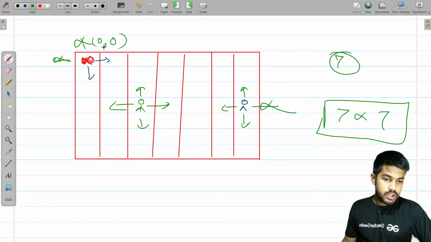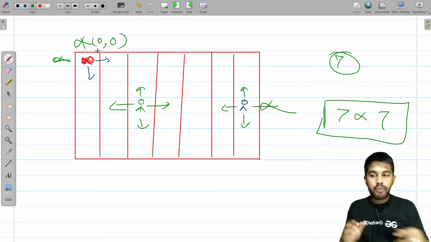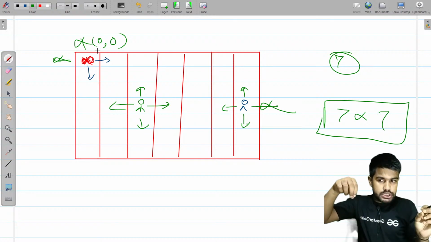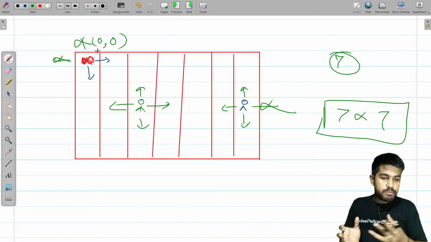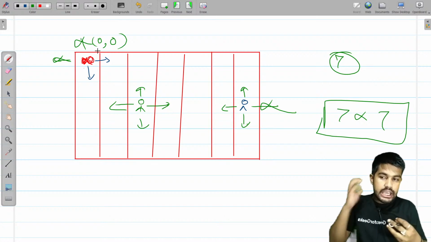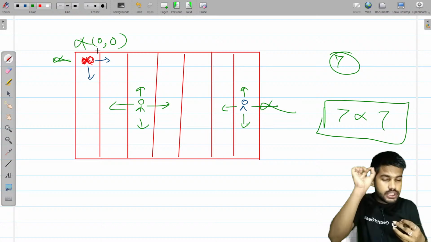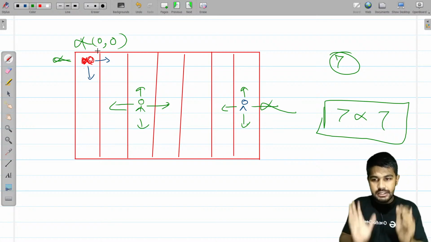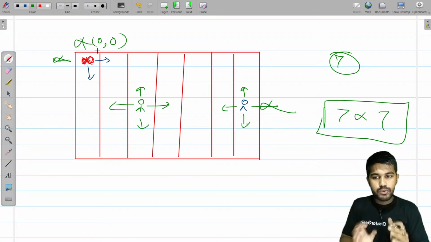From that position, if I go to the next position, before moving on to the next position, I need to check if that is within that boundary or not. This is to be checked.